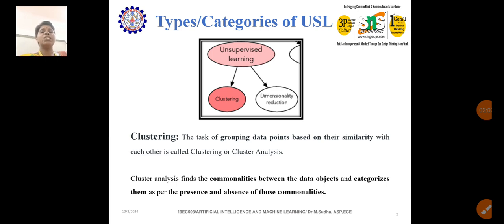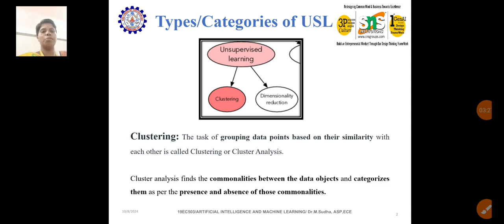Cluster analysis finds the commonalities, as I already discussed, between the data objects, and categorizes them as per the presence and absence of those commonalities. So what common data, common criteria, or common factor exists in that particular cluster or group?